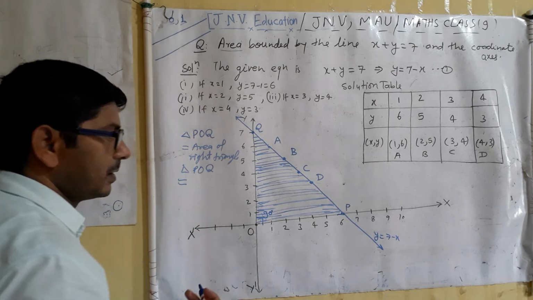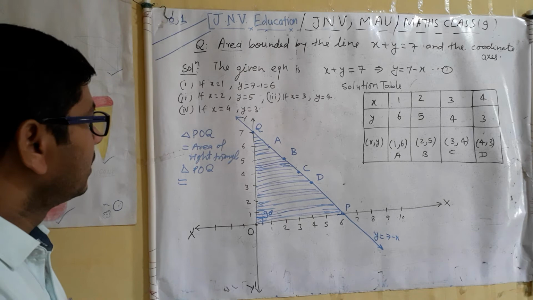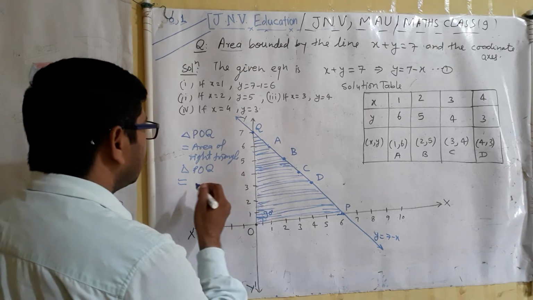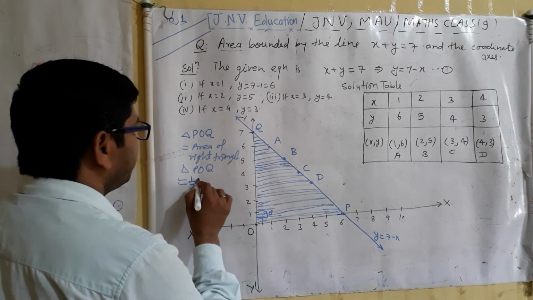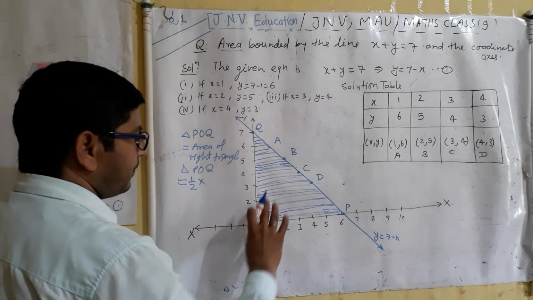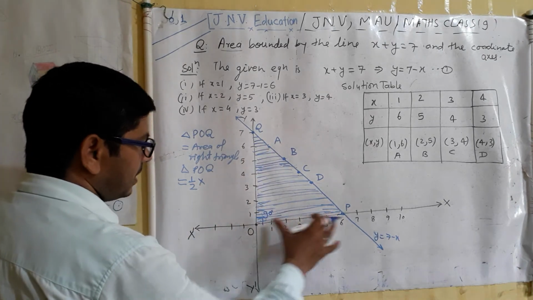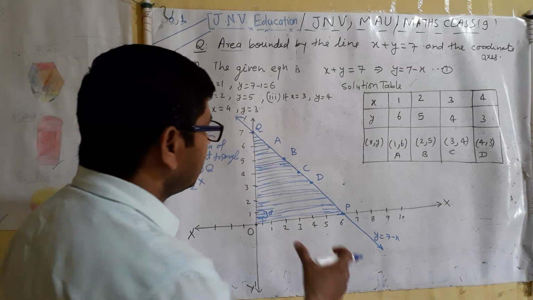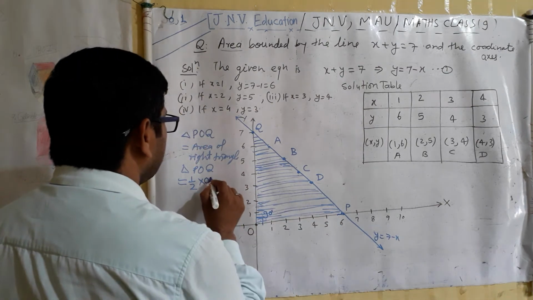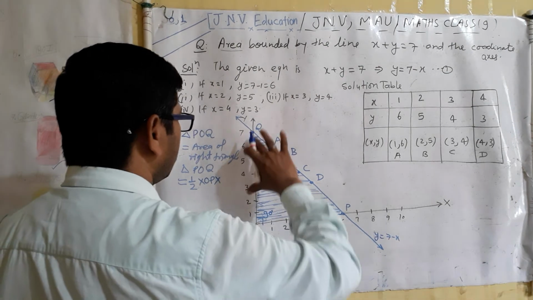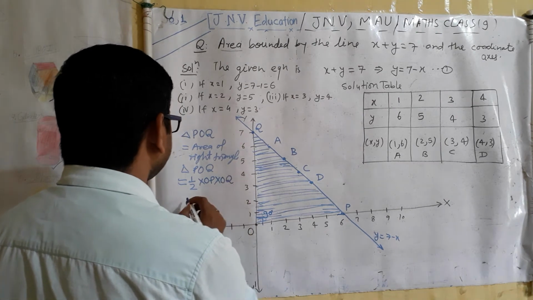We are already very well known about the area of a right angle triangle: 1/2 perpendicular and base. Either of them can be taken as perpendicular. So OP termed as perpendicular and OQ as base.